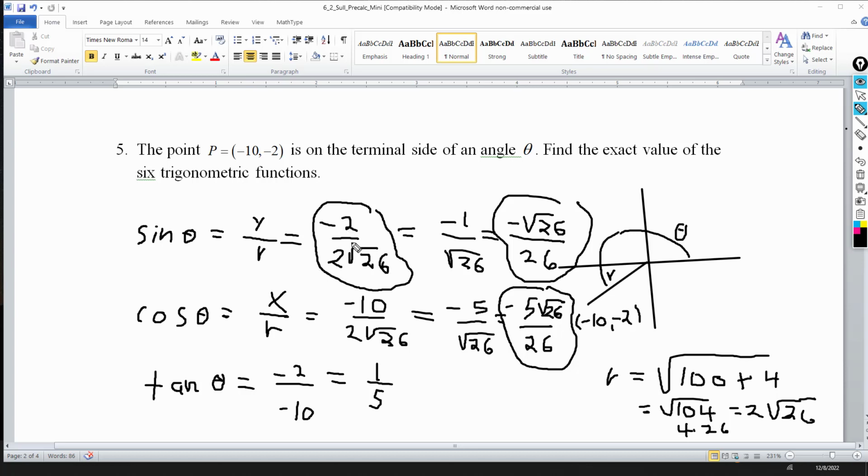So this goes to the top, the negative 2 goes to the bottom, and this reduces to negative the square root of 26. So the cosecant of theta, the reciprocal of the sine, comes out to negative radical 26.